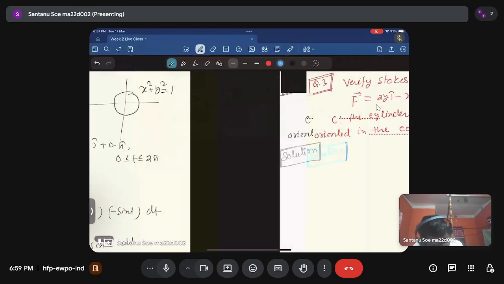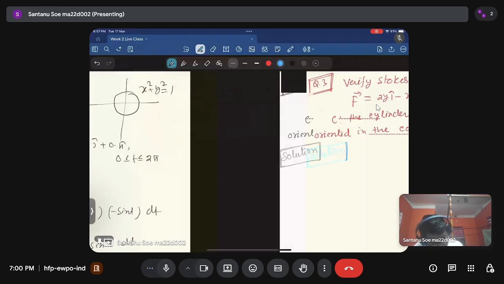And our dS is dx dy by n dot k cap. So we are taking the projection onto the xy plane, which is just this circle, x square plus y square equals 9.